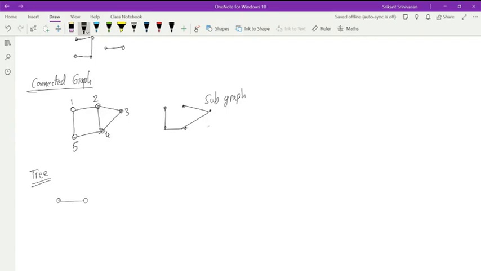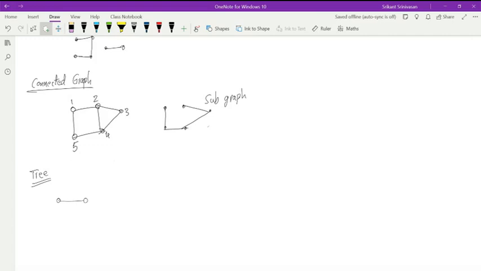So if I have to have this above graph, like where I drew this connected graph over here, then what is the tree for it? Can you tell me what is the tree? What is the set of connections that will form a tree? So right now I've labeled the nodes, right?